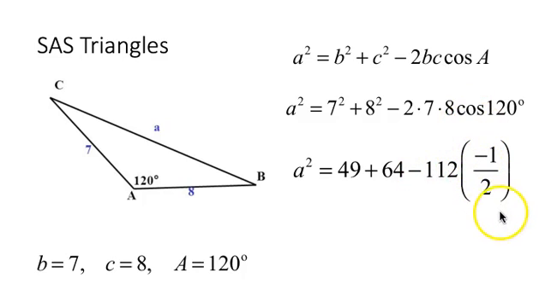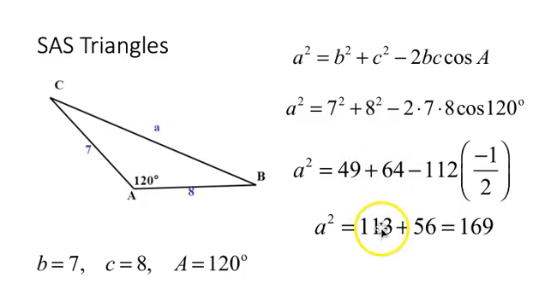Well, minus will become plus. So 49 plus 64 is 113. 112 times a half is 56. Oh, isn't this nice? A squared is 169, which is a perfect square. So a is the square root of 169. A is 13.